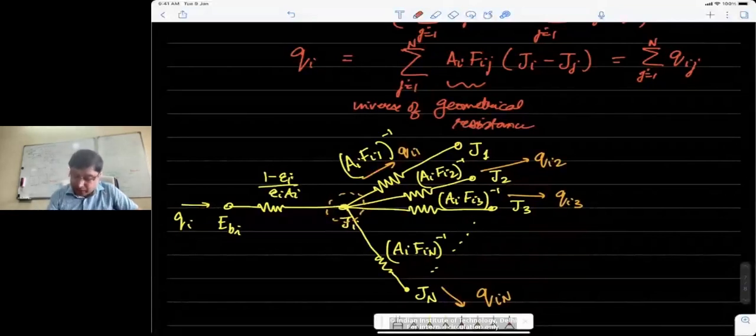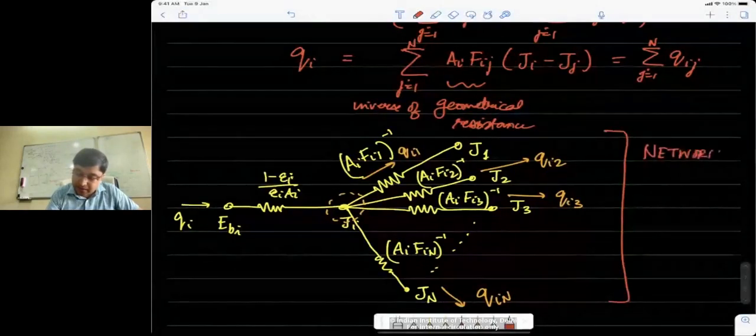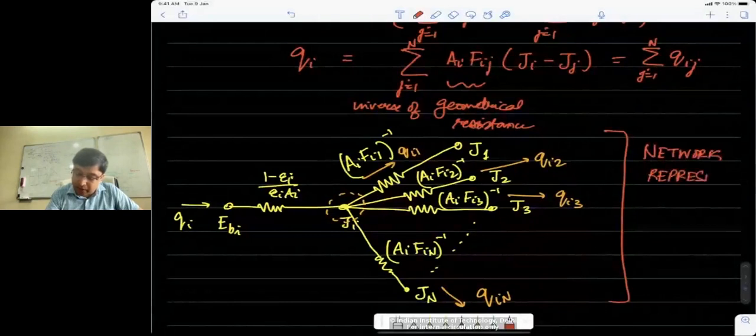So this will be the final network representation that we will use in our radiation analysis. And this is actually quite a powerful tool to do these kinds of calculations. Okay, so thank you.